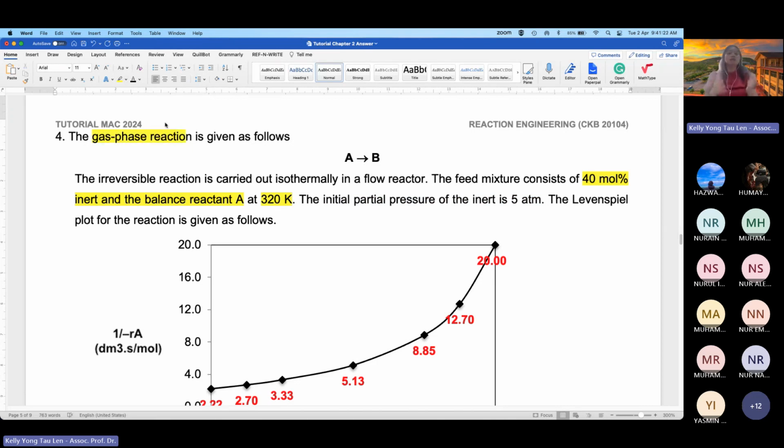So in the initial part, I have gas A and gas inert, and they tell me that the gas inert pressure is 5 atm. This is interesting. They give us the pressure of the inert, which is 5 atm. We do not know the pressure of A. We just know the pressure of the inert is 5 atm.